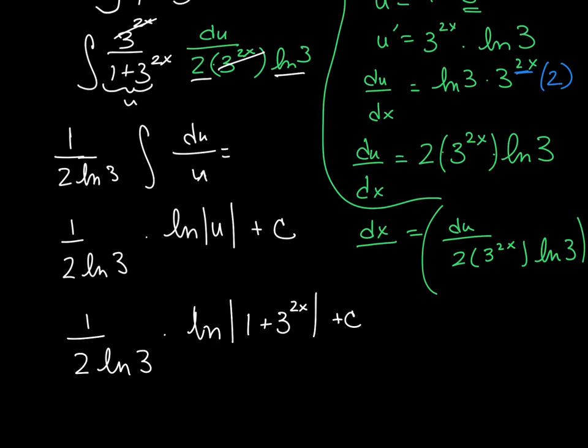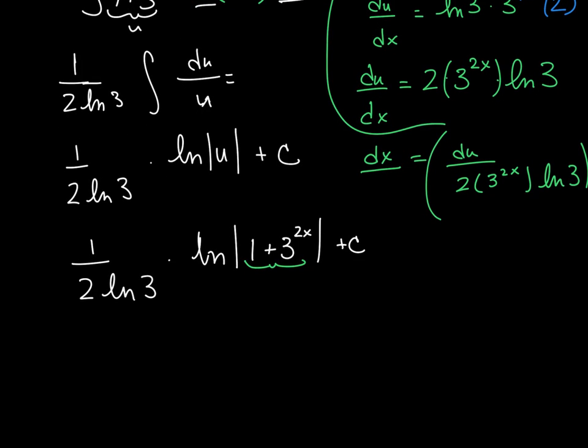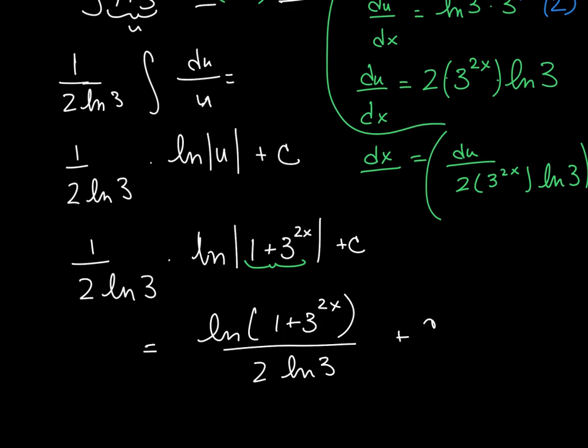Now, inside here, there's no way that this would ever be negative, so I can go ahead and drop that. And then I would just be left with the natural log of 1 plus 3 to the 2x all over 2 natural log of 3 plus my constant.